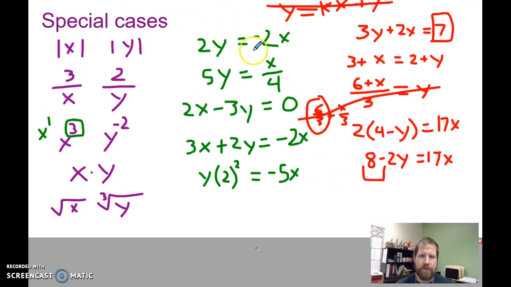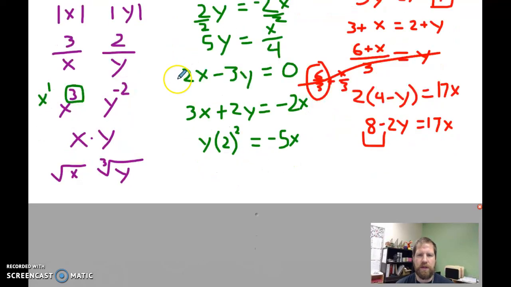If we look at our examples here, these are all good. I can divide this by 2, divide this by 2, but basically if I have any situation where I have something multiplied by y and something multiplied by x or divided by x, it's going to turn out to be a direct variation equation.